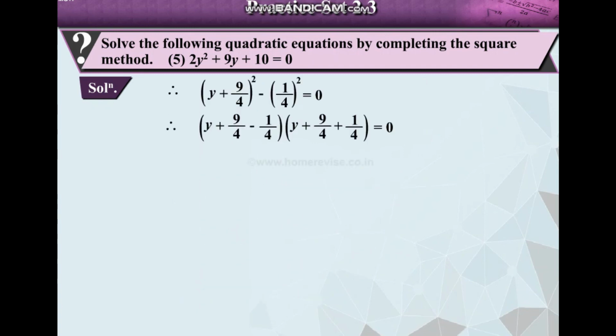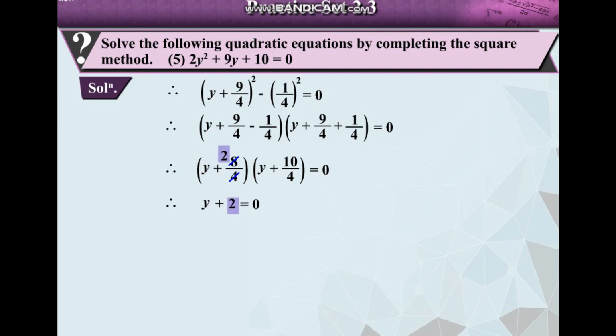Therefore, y plus 9 upon 4 the whole square minus 1 upon 4 the whole square is equal to 0. Therefore, y plus 9 upon 4 minus 1 upon 4 multiplied by y plus 9 upon 4 plus 1 upon 4 is equal to 0. Therefore, y plus 8 upon 4 multiplied by y plus 10 upon 4 is equal to 0.